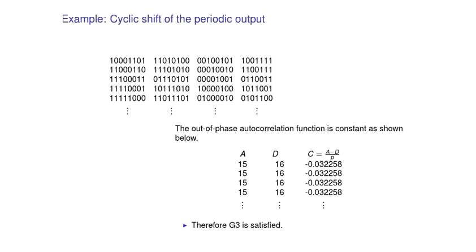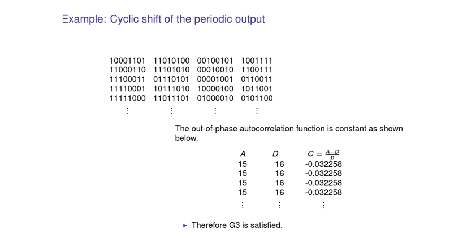Disagreements means when the bit of that particular position is 0 in the previous sequence, and the cyclic shift will give you a 1 in the same position. So that means a disagreement. So disagreements are 16 because there are 31 bits, 15 agreements, 16 disagreements.